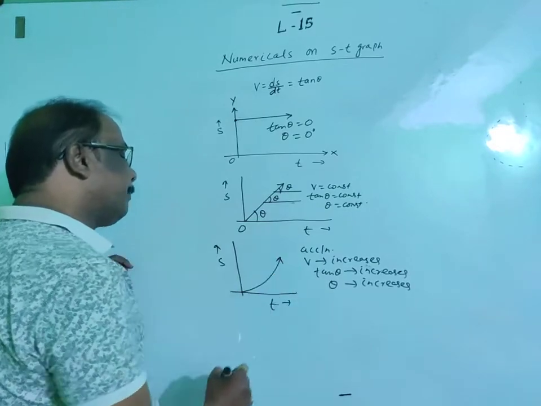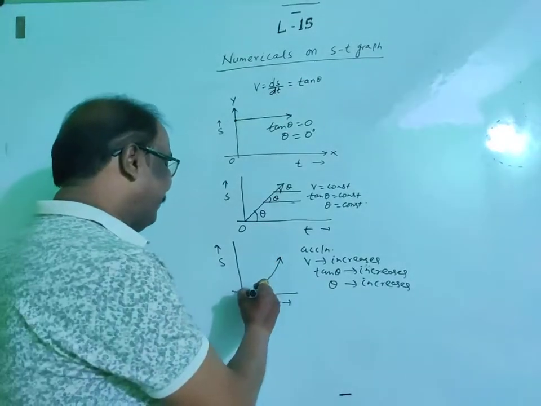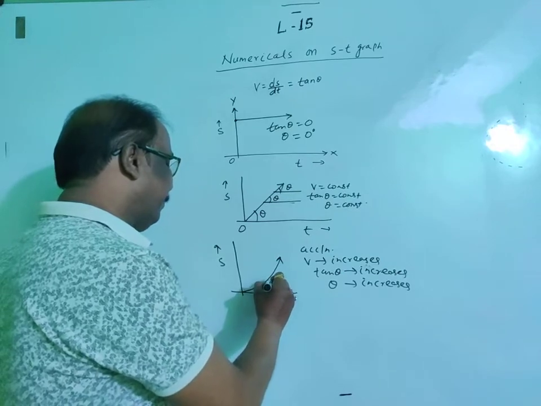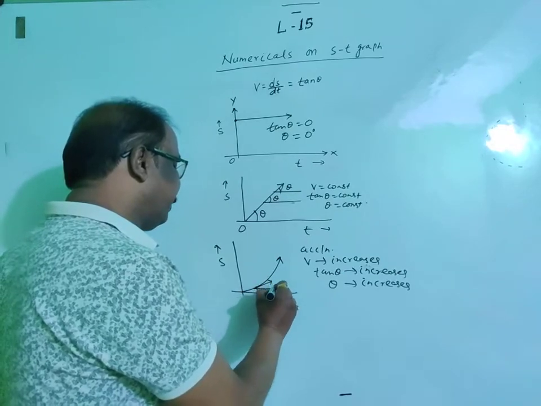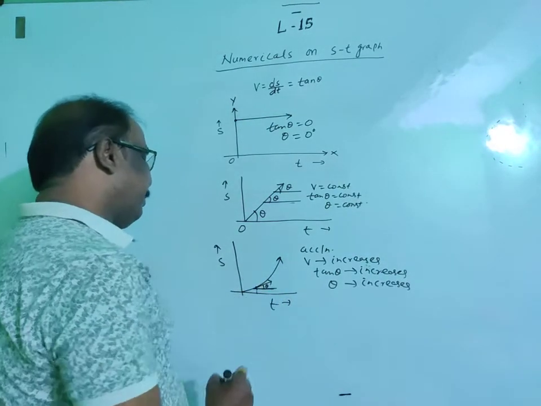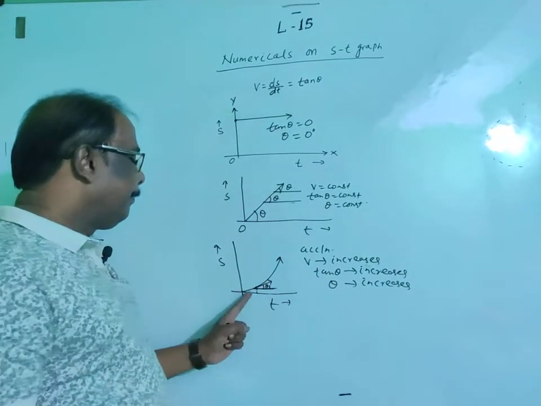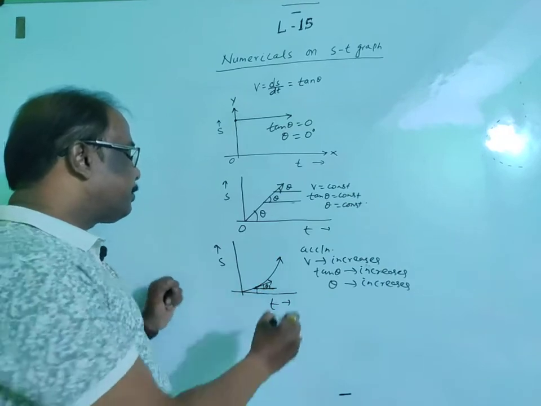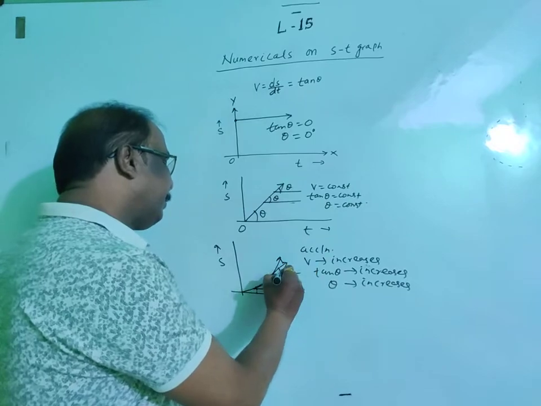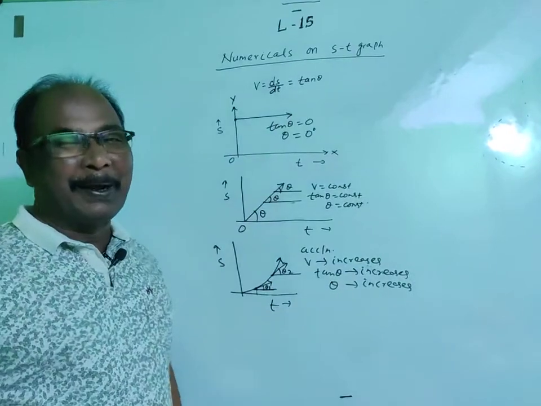So in this case the graph is a curve bending upward. If you draw a tangent at one point, the angle made with the time axis is theta 1. At another point, it is theta 2, and so on, meaning theta increases continuously.